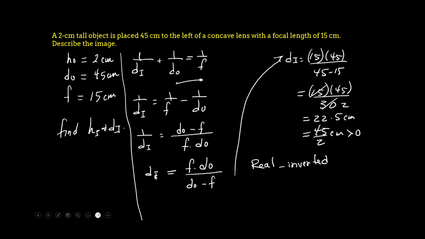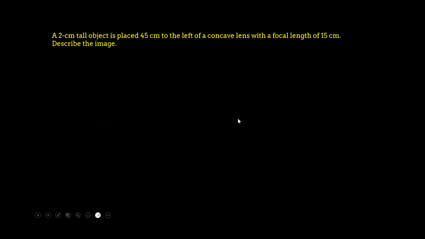With the magnification. So let's look at the magnification. M is negative DI over DO, which here, by the way, is HI over HO. So let's look at the DI over DO. So negative DI is 45 over 2. That's why sometimes it's easier to keep them in fraction, because now things will cancel out.